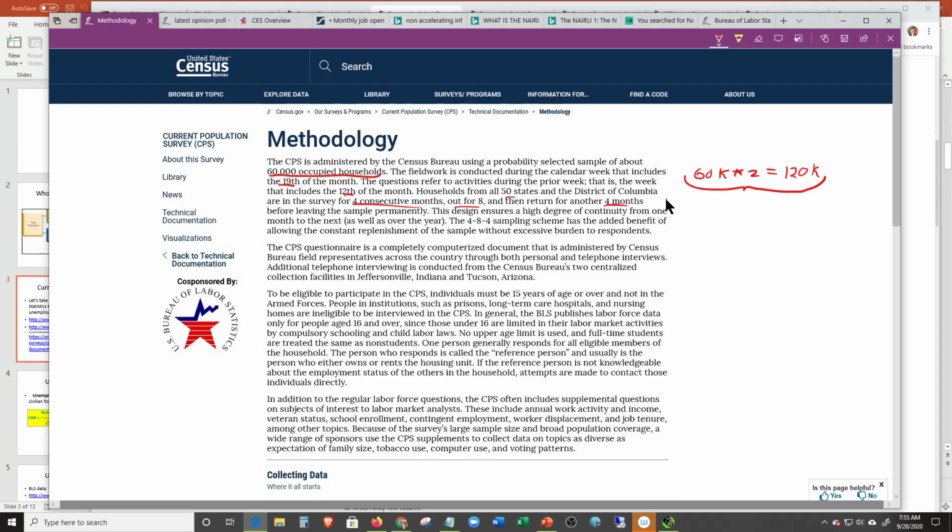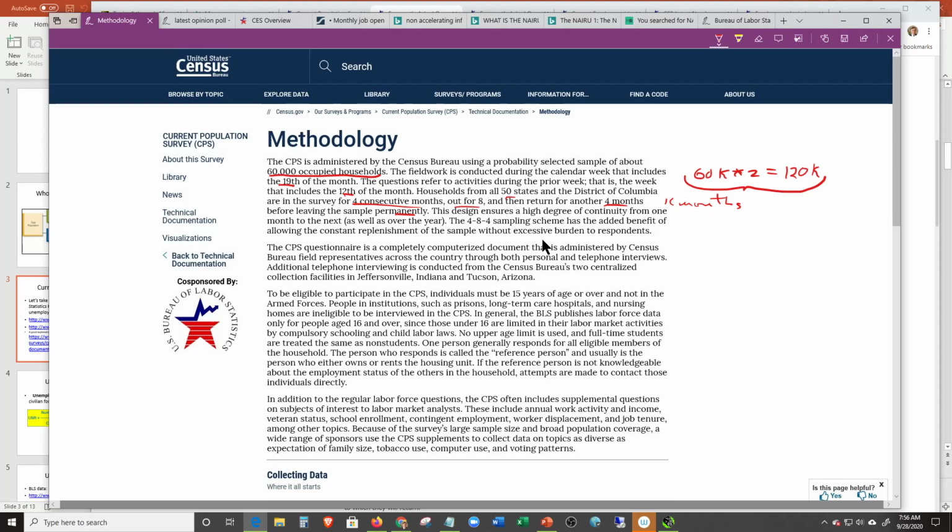So that's 16 months in all, before leaving the sample permanently.